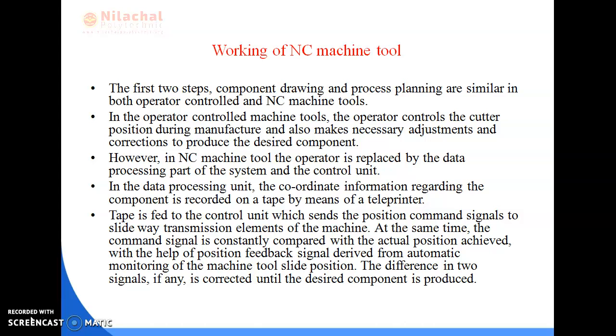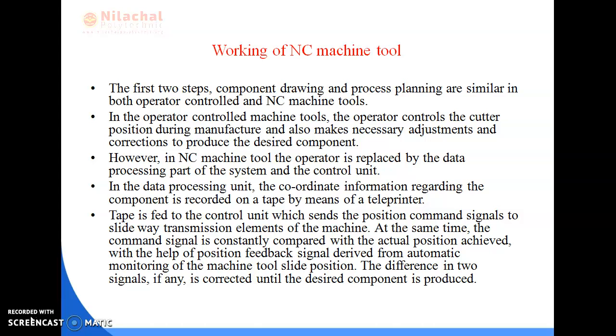After getting a complete drawing of the component and process planning, then we will shift towards NC machine tools. In the operator control machine tool, the operator controls the cutter position during manufacture and also makes necessary adjustment and correction to produce the desired component.